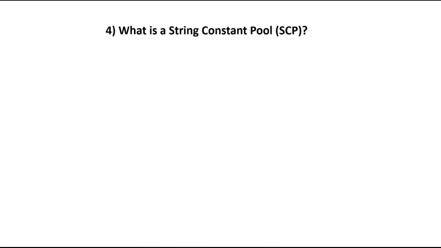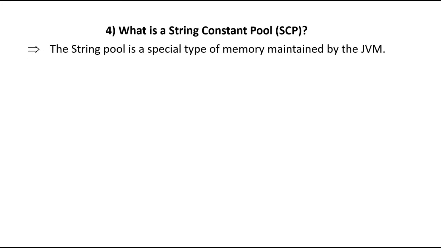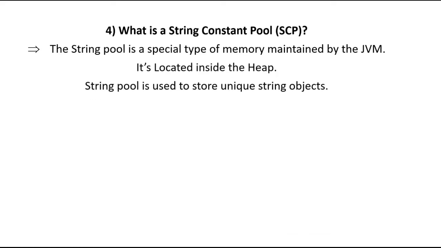Next question is, what is a string constant pool? It's a type of memory and it's maintained by the JVM. It's located inside the heap. The string pool will store unique values.